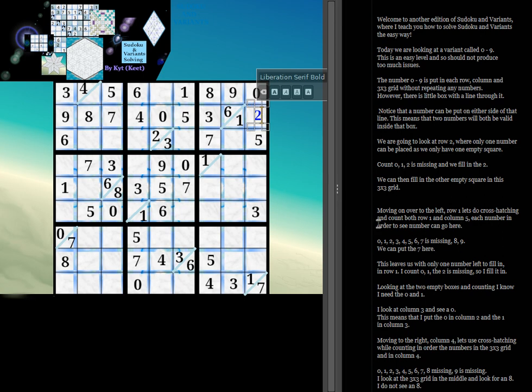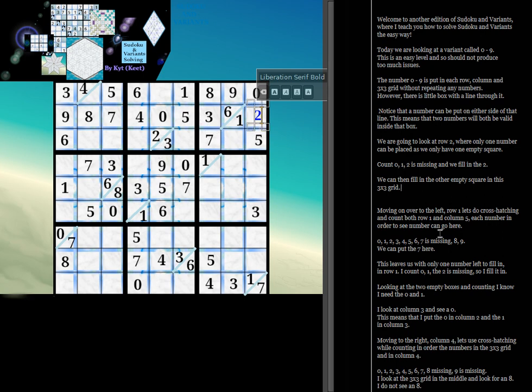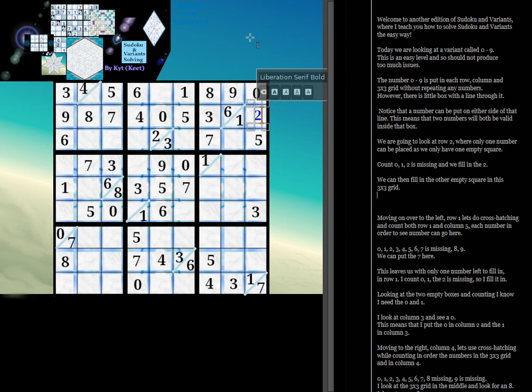We can then fill in the other empty square in this 3x3 grid. Three, 4 is missing, we fill it in.